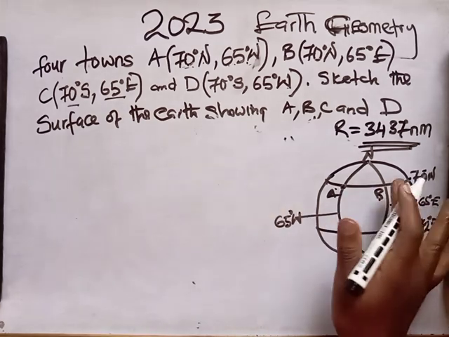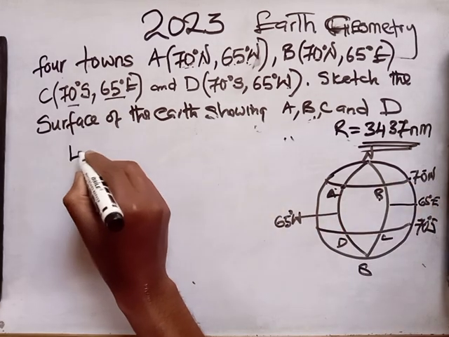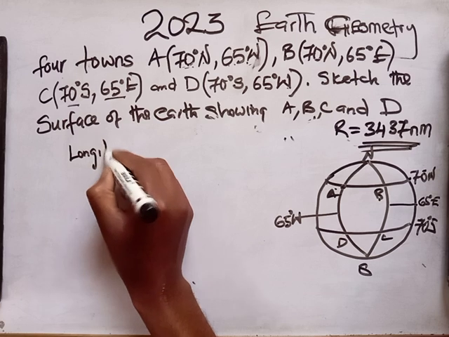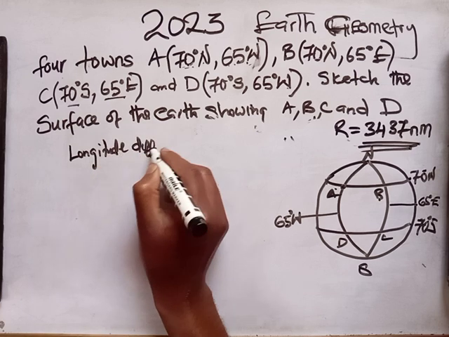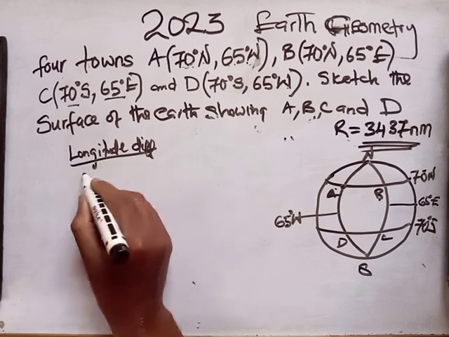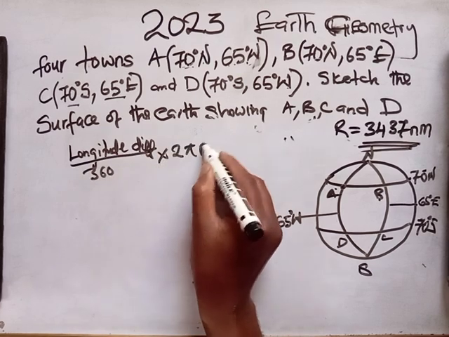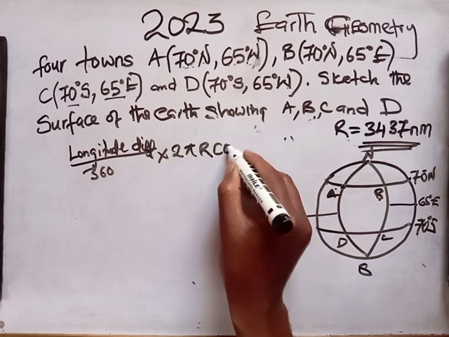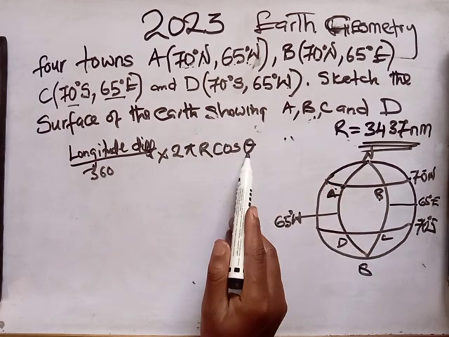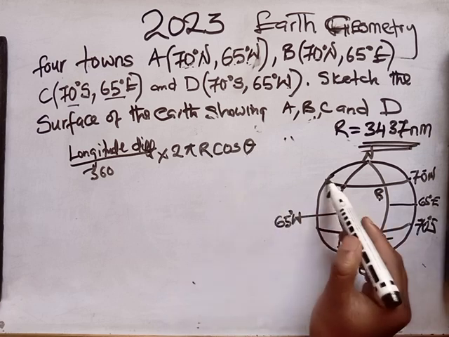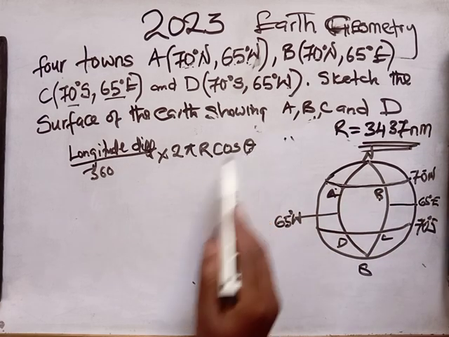AB are on the same latitude. So the formula will be the difference in longitude over 360 times 2 pi r cos theta. The cos theta is the latitude they are aligned on. They are aligned on latitude 70, so cos theta will be cos 70.